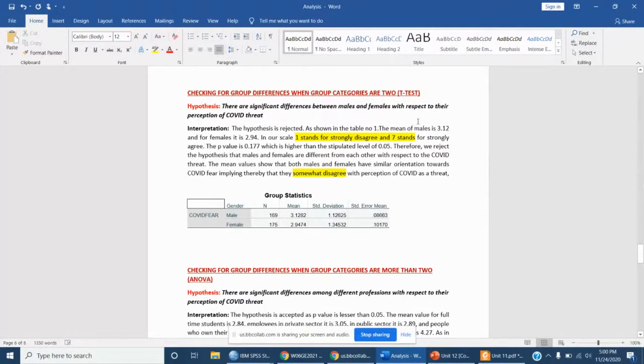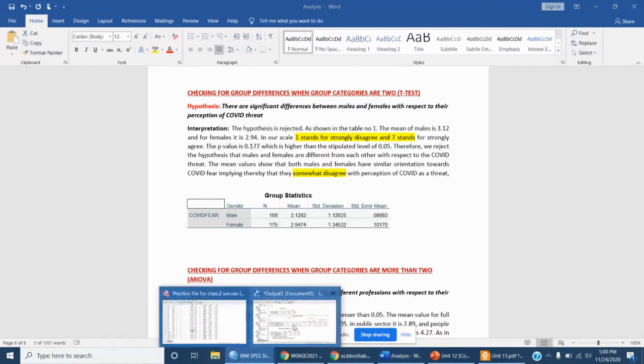The mean of males is 3.12, and for females it is 2.94. In our scale, 1 stands for strongly disagree and 7 stands for strongly agree. The p-value is 0.177.